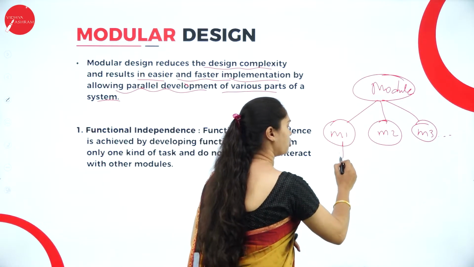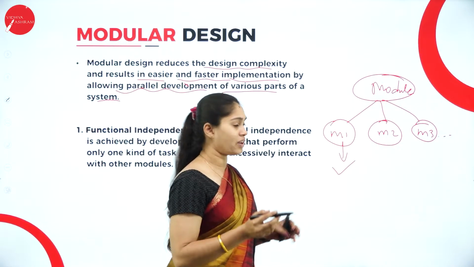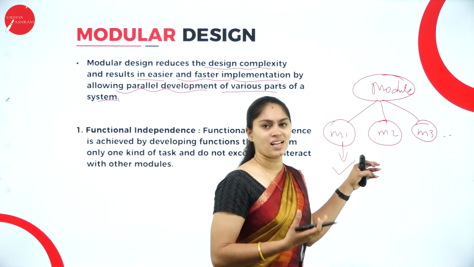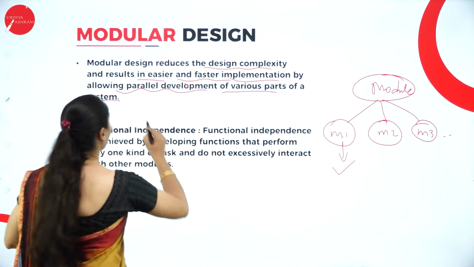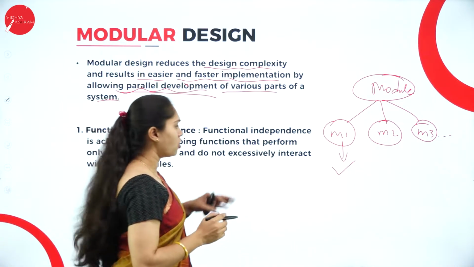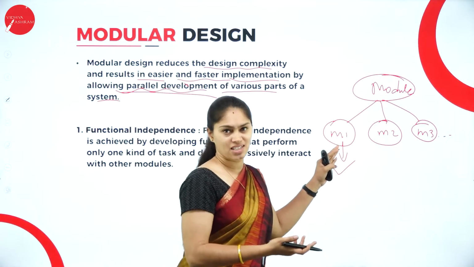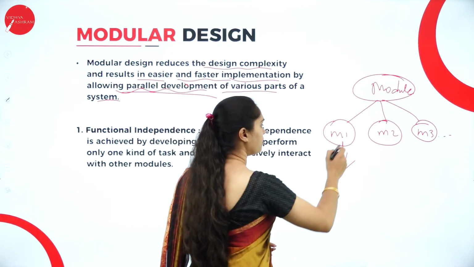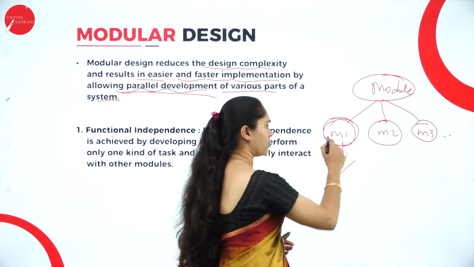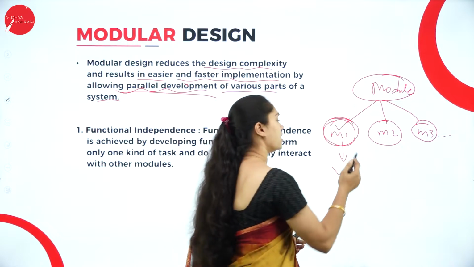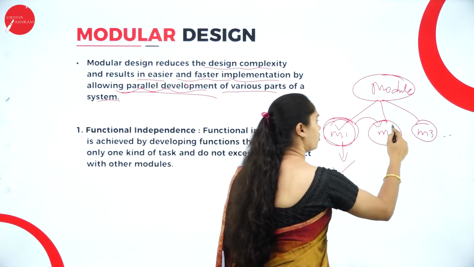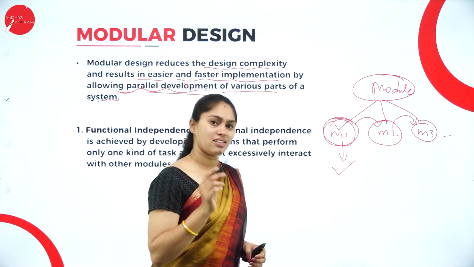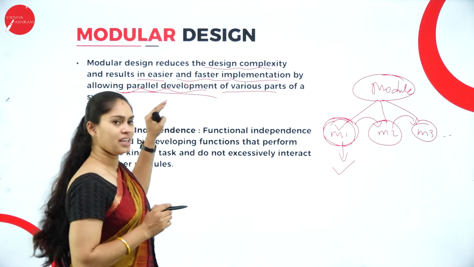Each module performs its own task. When I integrate all the modules together, we can make use of parallel programming, or it is helpful for parallel development. When it needs to be done one by one or in a linear manner, first I need to finish module 1, or M1. If it is done, only then can I move to M2, and after that M3. But when we have this modularity, parallel development takes place.